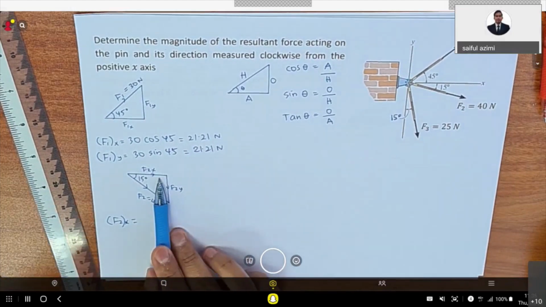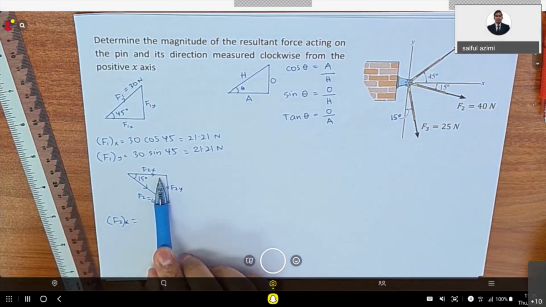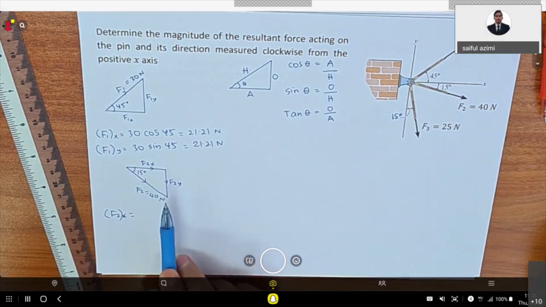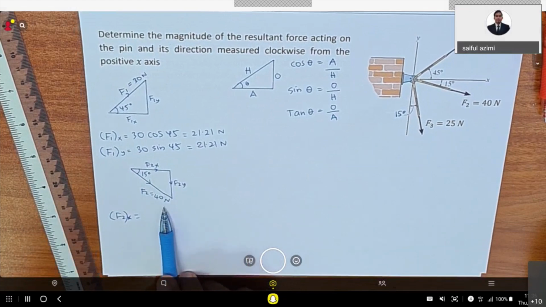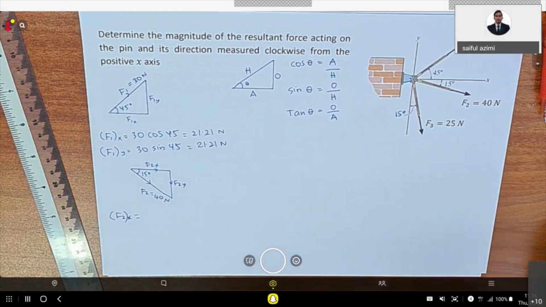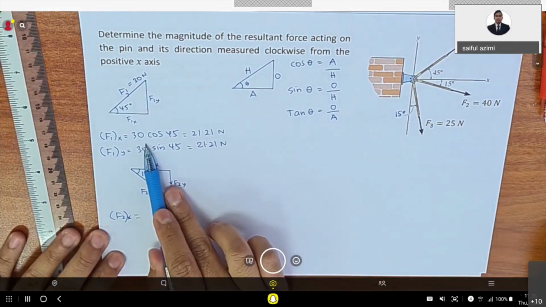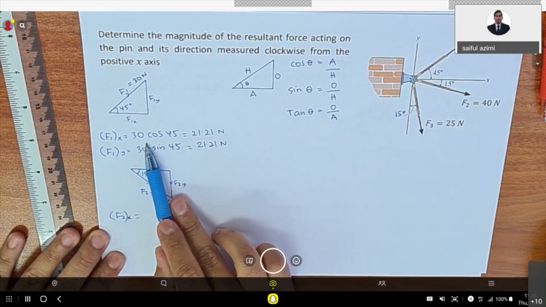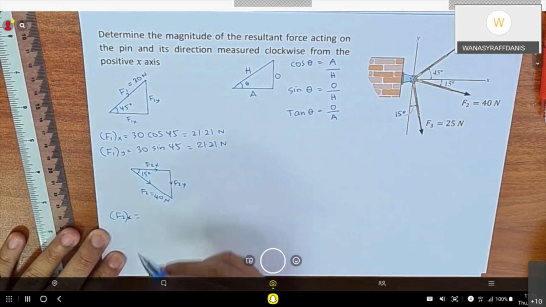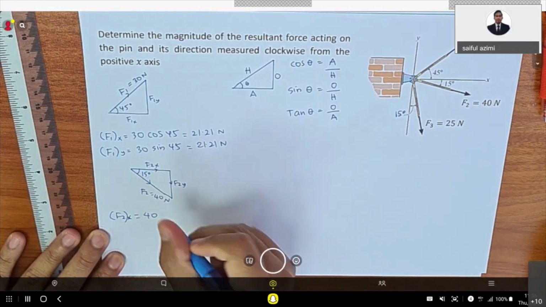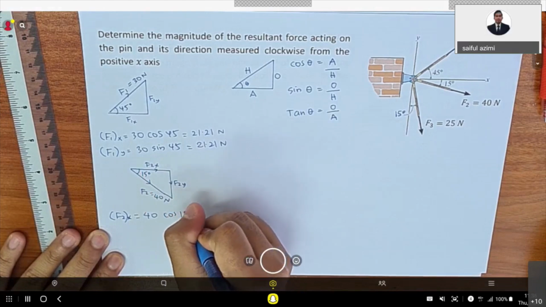Guys? Can you hear me? 38.64. 38.64. So the equation is like this, berapa ni? 40 cos 15.